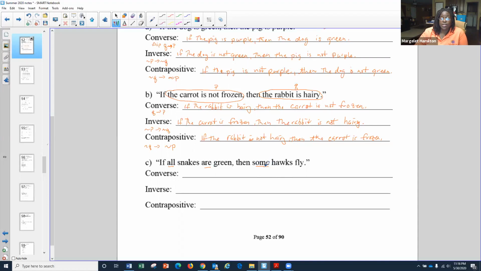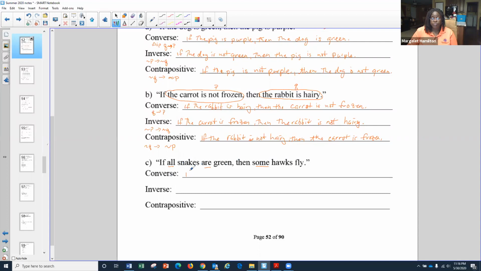Okay, so we know that these are our quantified statements, right? So we can't just insert a not here when we're taking the negation. So remember, negating our quantified statements, we got to make sure we remember those. So here we are with the converse. We just got to flip it around. So we don't negate anything here, we're just flipping.